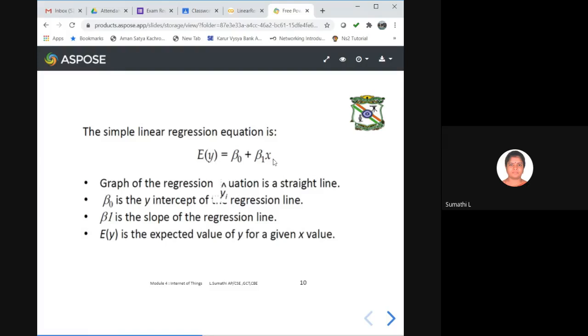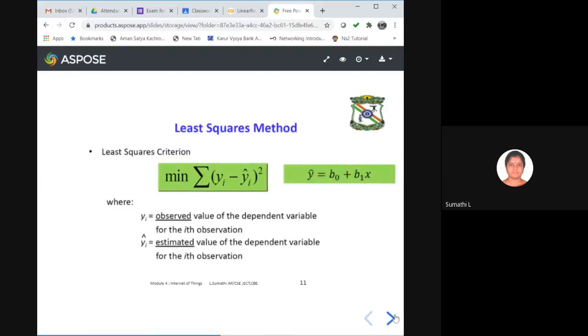I know what my input is, so I give the input value, try some random values for the parameters, and get the estimated value. Once I get the estimated value, from the training data set I will know the actual value. From that, I will find the deviation.